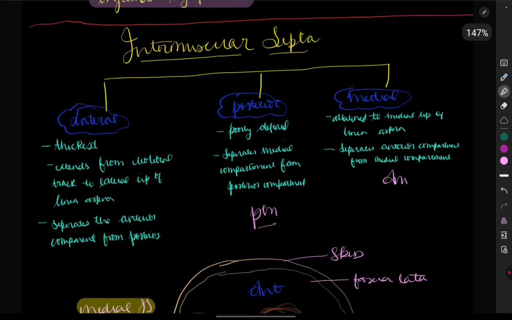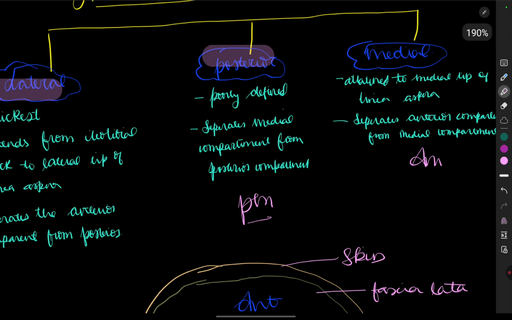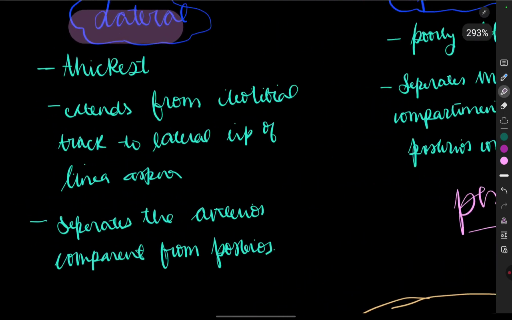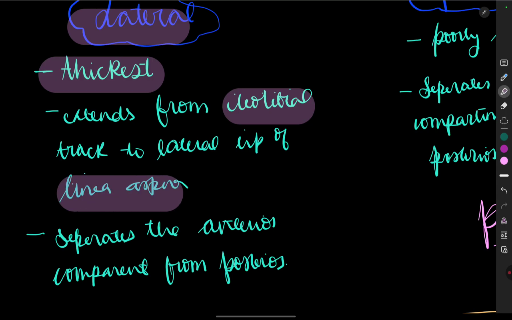Now we are going to see the intermuscular septa, that is the last topic of this video. The intermuscular septa are divided into the lateral intermuscular septum, the posterior intermuscular septum, and the medial intermuscular septum. We have to know that the thickest septum is the lateral septum. It extends from the iliotibial tract to the lateral lip of the linea aspera.